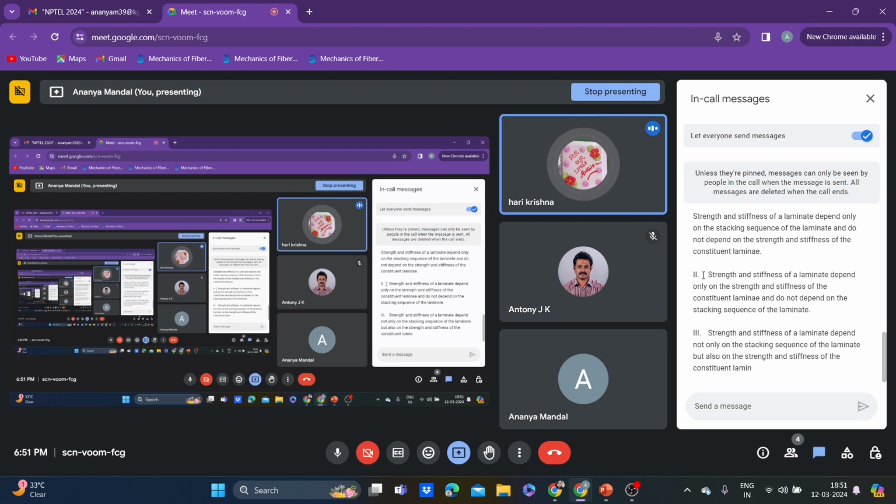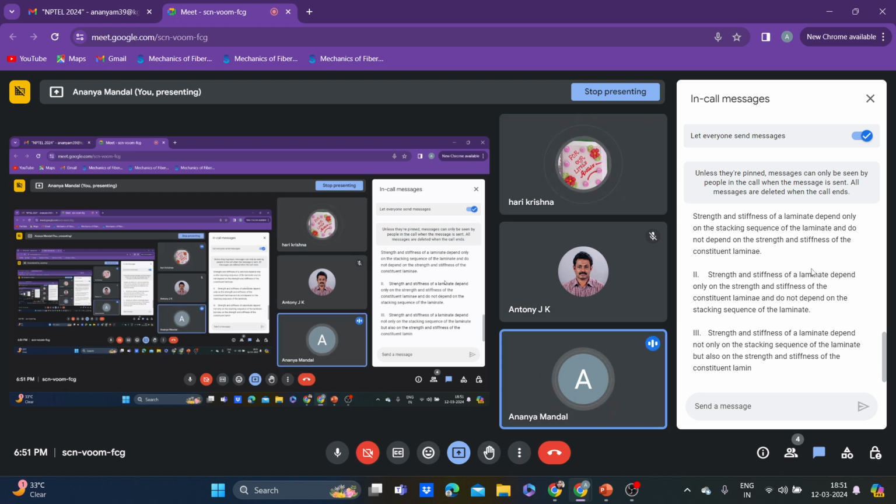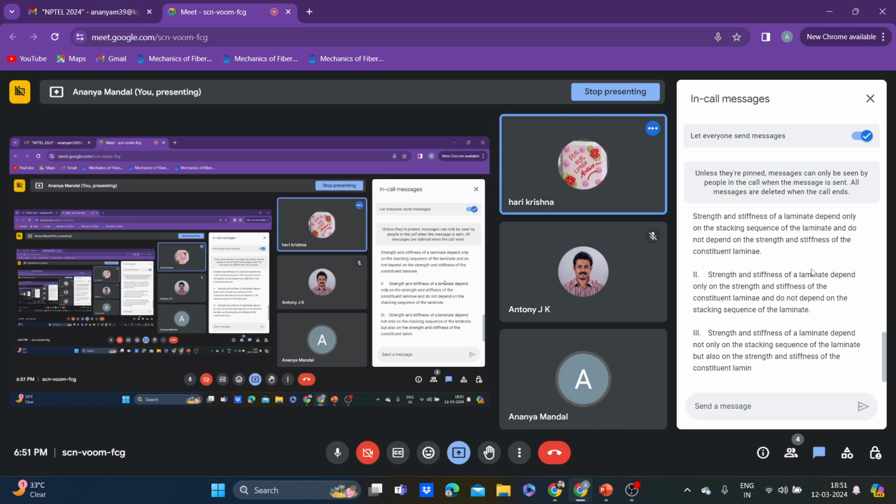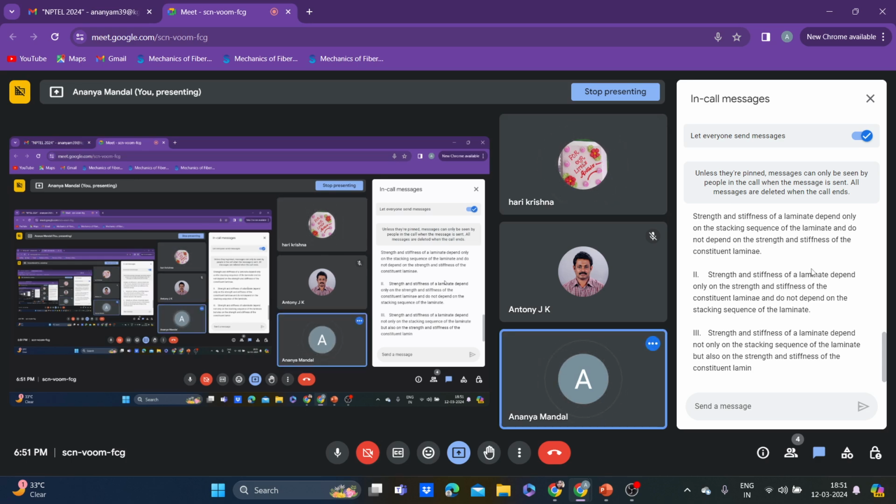But here they are saying it does not depend on the constituent lamina, which is also wrong. When talking about a laminate, you have to consider the laminas, the strength of the different laminas and also their alignment. So the statement that will be correct is that it will depend on both. Anything else, any other statement that is wrong?